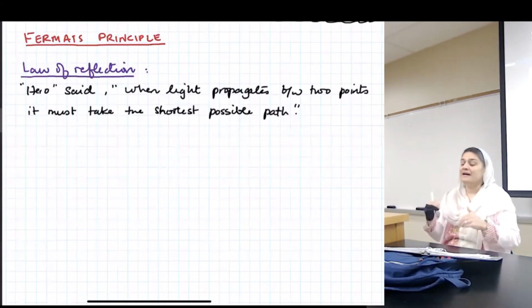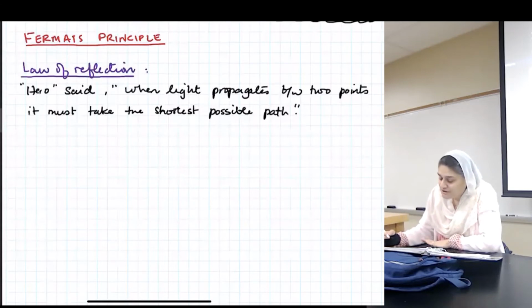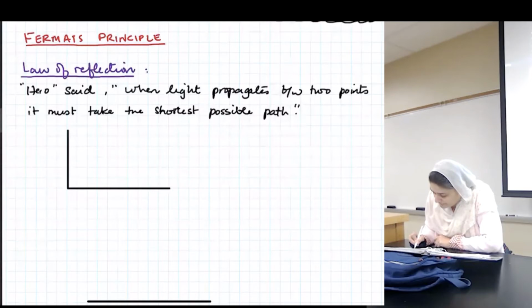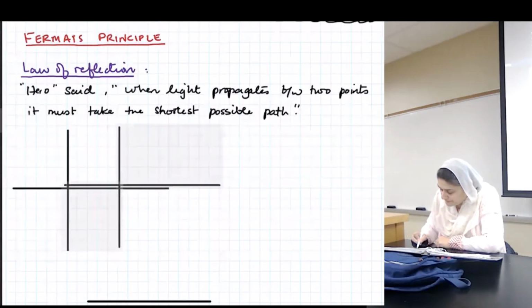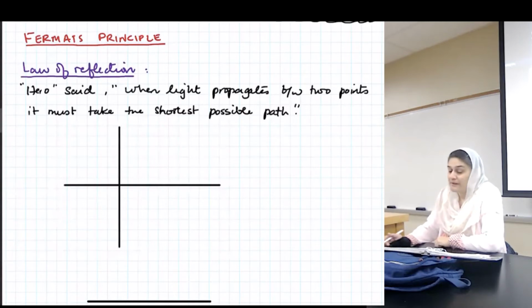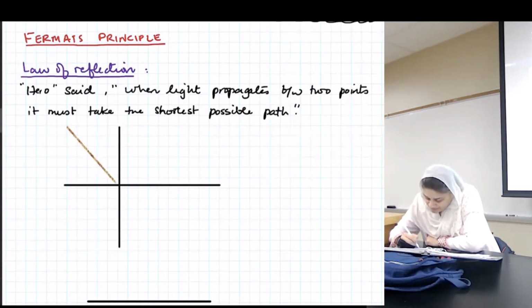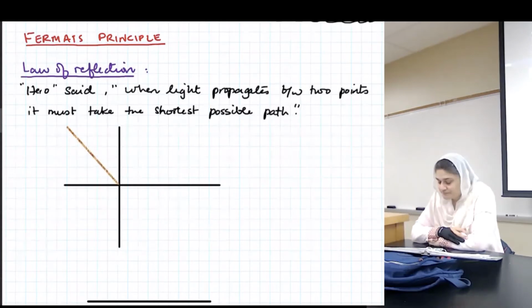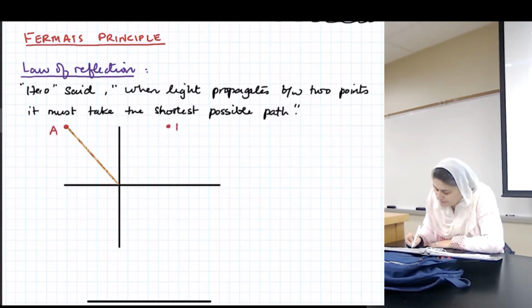Okay, so how does that help us? Let's say I'm going to start drawing things. Let's see if I can move it a little bit closer. Okay, so if I have a light incident, I do this color for light. So how does light go from point A here to say point B here?